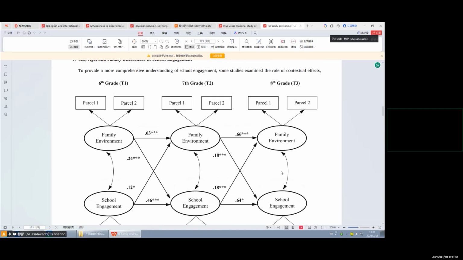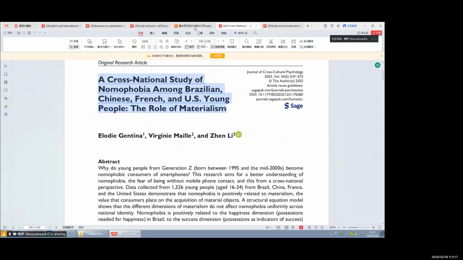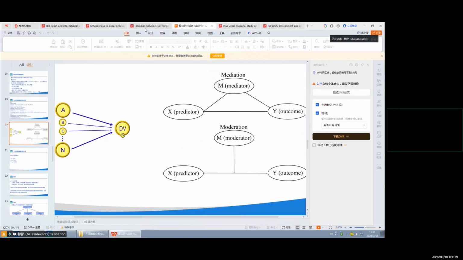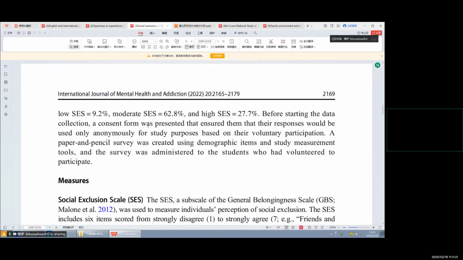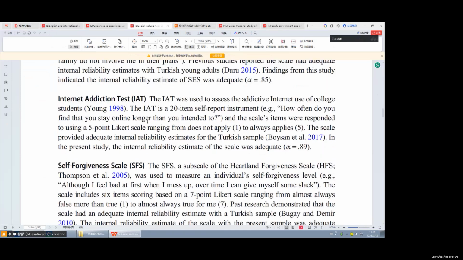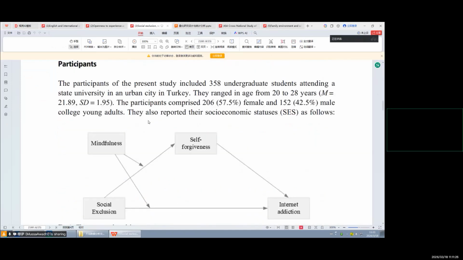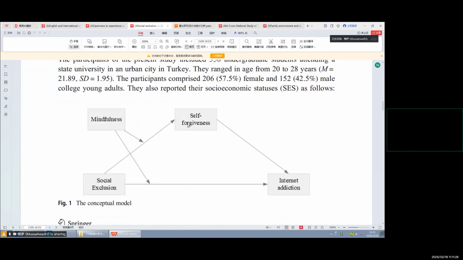What is that? Try to explain. As you can see here, for example, for these studies, these are what we call cross-sectional studies. Cross-sectional.